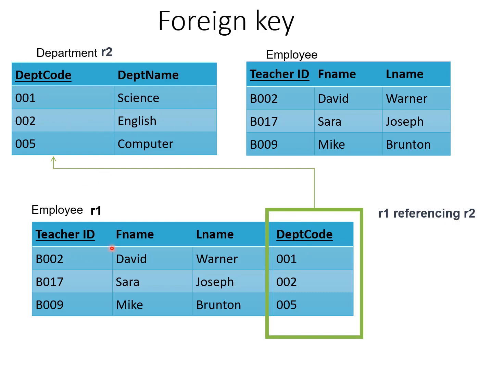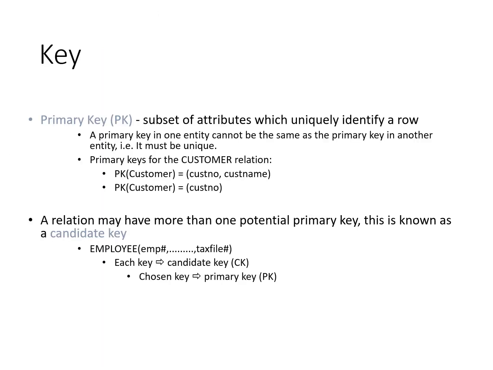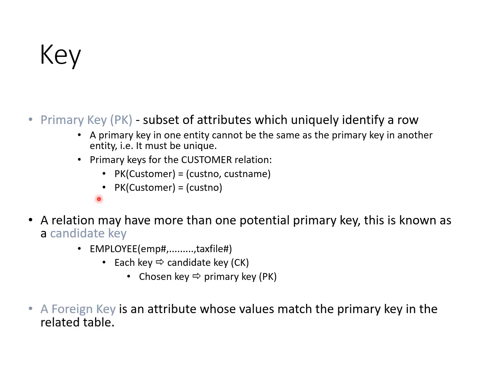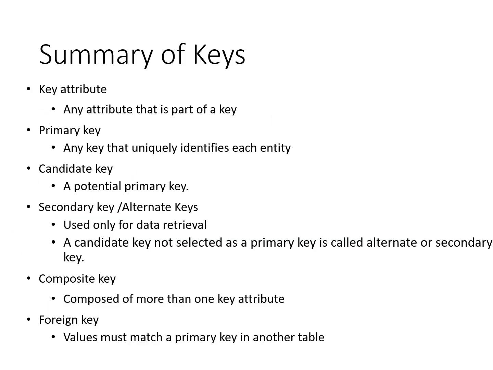So this is your R1 and this is your R2. R1 is referencing R2, and you could say that this is the referencing relation and this is the referenced relation. And now comes a small summary about your keys. So you have primary key, candidate key, foreign key, and you can also have the composite key. It's composed of one or more key attributes. And the foreign key is what you have seen just now.